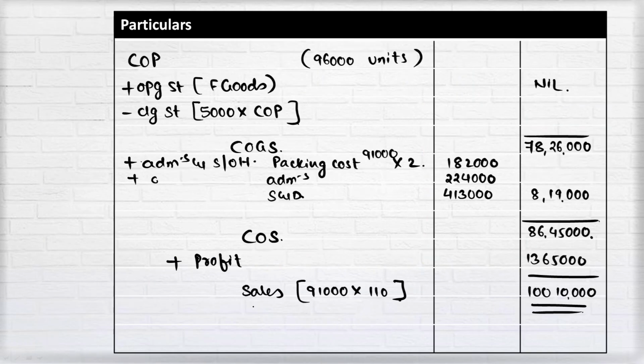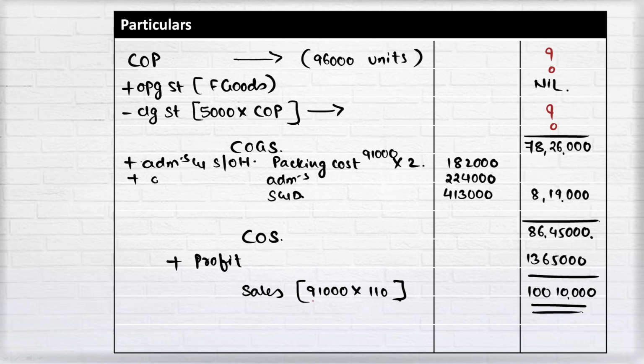My point is, I am having COGS, right? I am not having COP, that is cost of production. I am not having even closing stock. So both figures are missing. Do you agree?